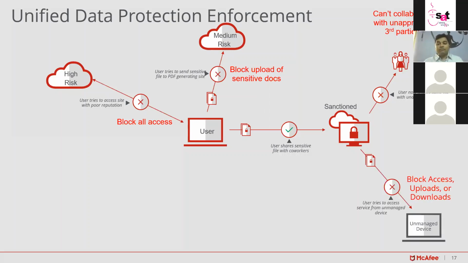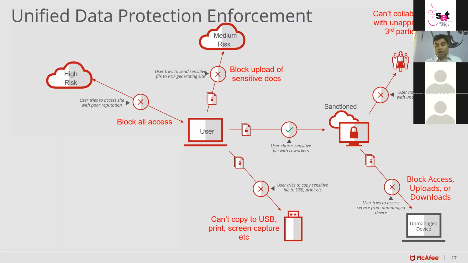Similarly, if a user tries to access a service from an unmanaged device and tries to upload or download a sensitive document from there, the solution can detect that and either prevent access or prevent the download from happening.